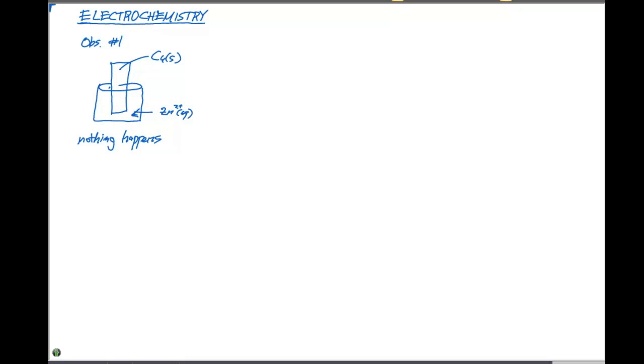But if we manipulate the conditions of this experiment and talk about observation number 2, if we took zinc solid and immersed this zinc solid in a copper 2+ solution that was 1 molar, we would begin to see these little, dark dots starting to form on the surface of this zinc metal.